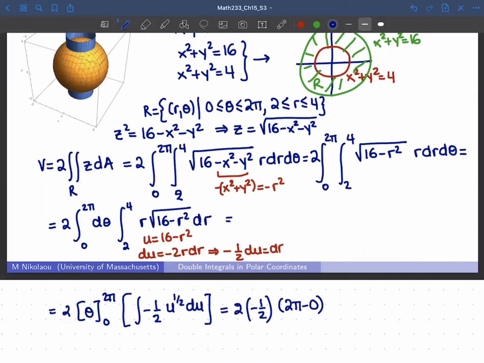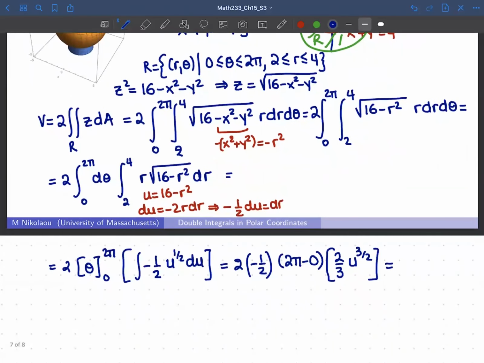Then the integral of u to the 1/2 du gives 2/3 u to the 3/2. I don't put any bounds for now; I will put bounds when I switch back from u to 16 minus r squared. So 2 times negative 1/2 gives negative 1, times 2 pi gives negative 2 pi.